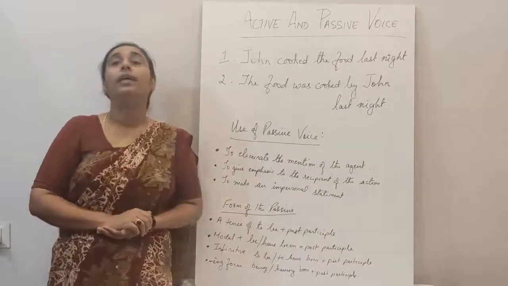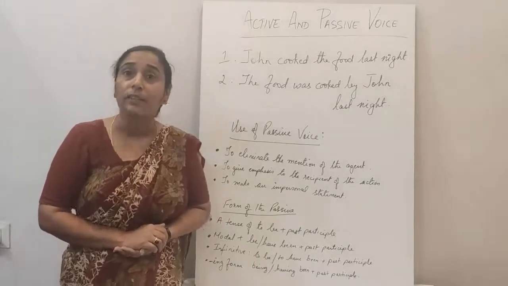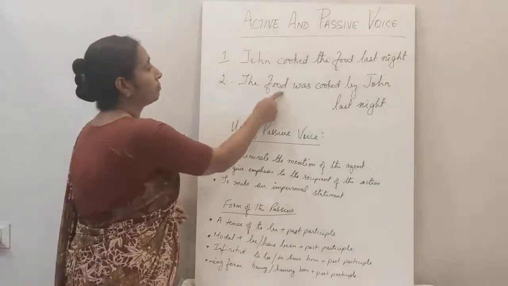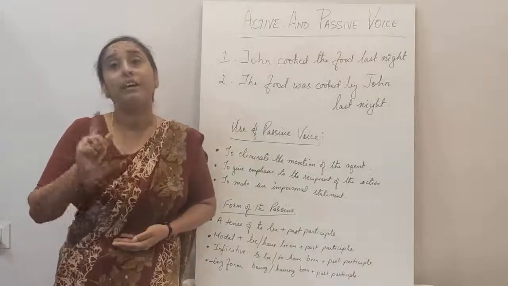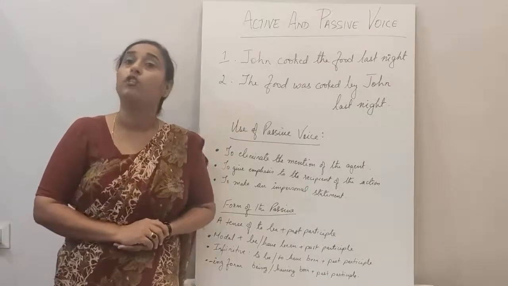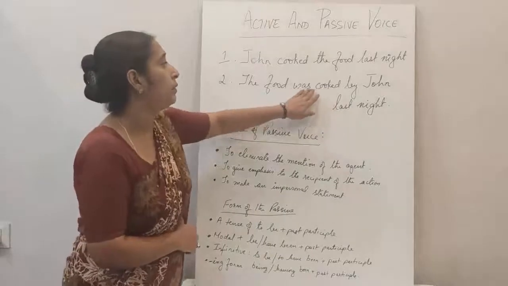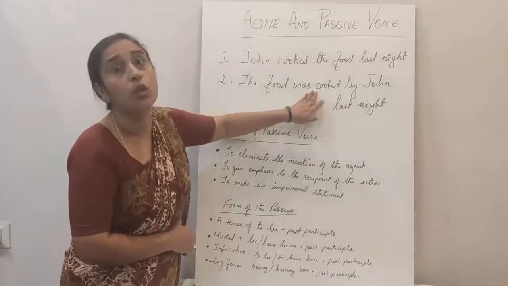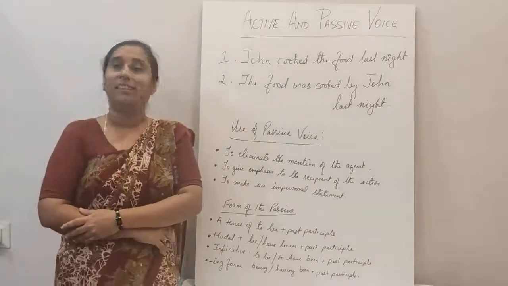Now, in sentence 2, the subject, that is the food, is the sufferer or receiver of the action. So the verb was cooked is said to be in the passive voice.